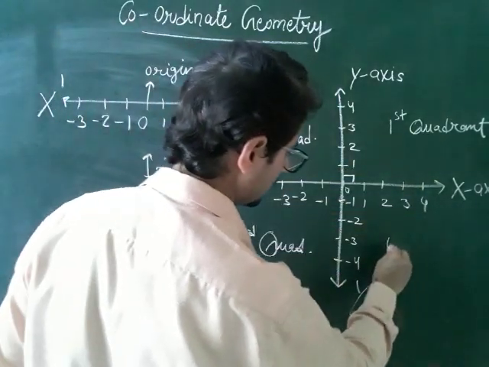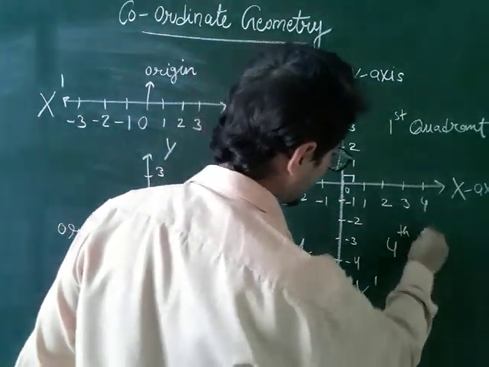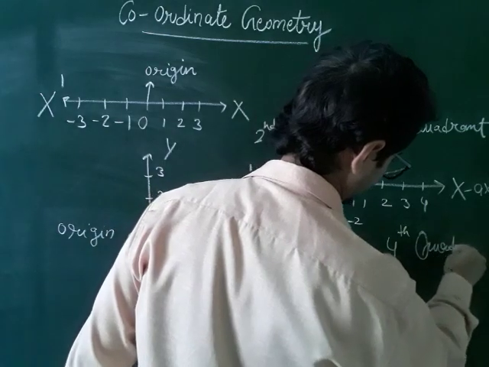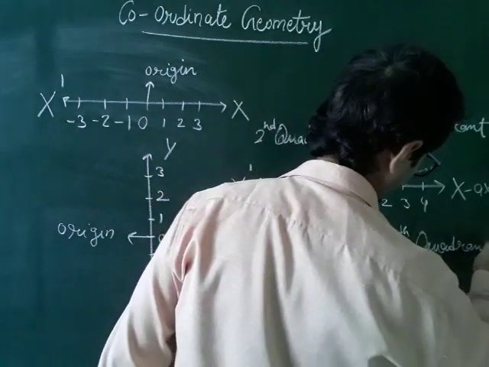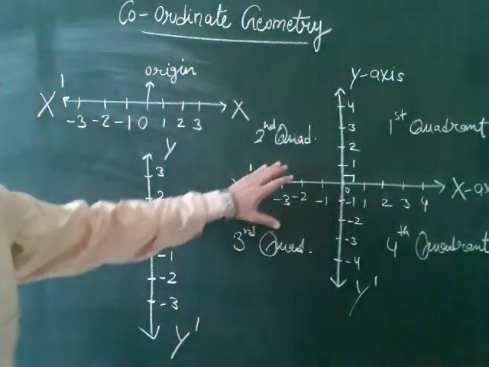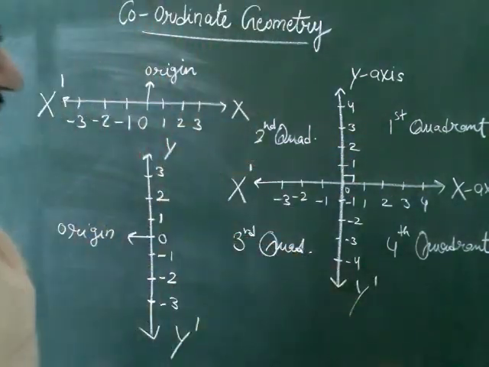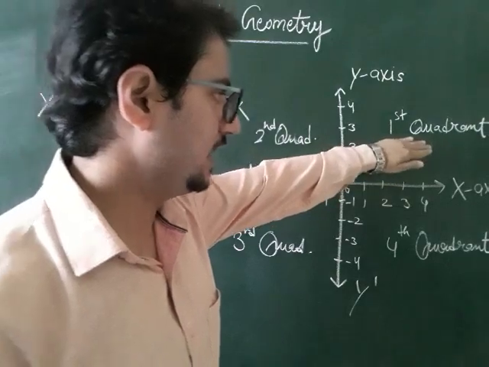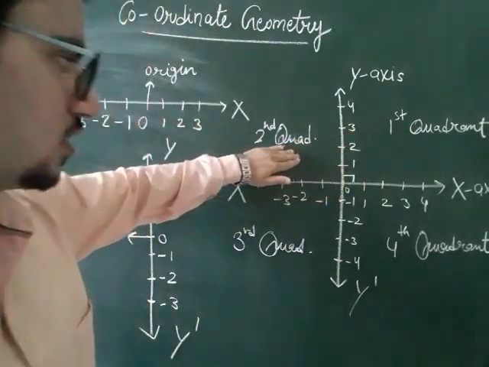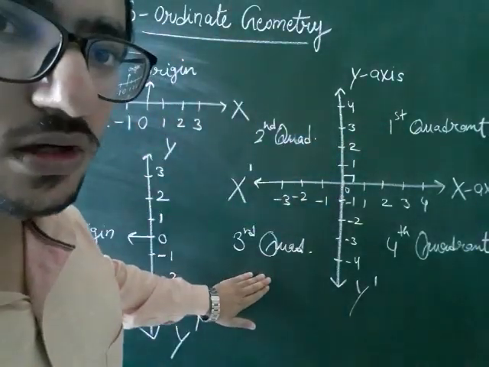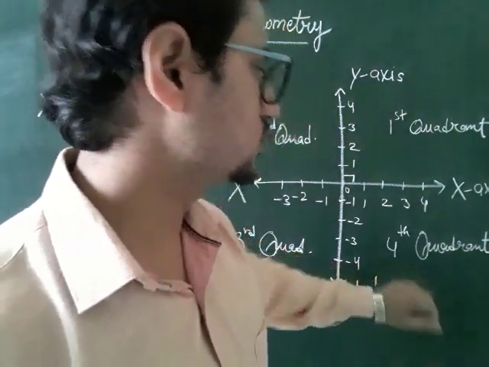And this is your fourth quadrant. So now we have divided the coordinate axis into 4 parts. These are known as quadrants, and it will be your first quadrant, this is your second quadrant, this will be your third quadrant, and it is your fourth quadrant.